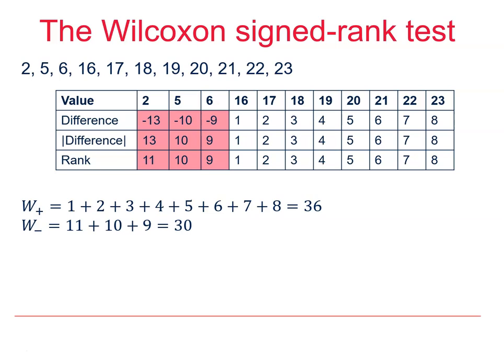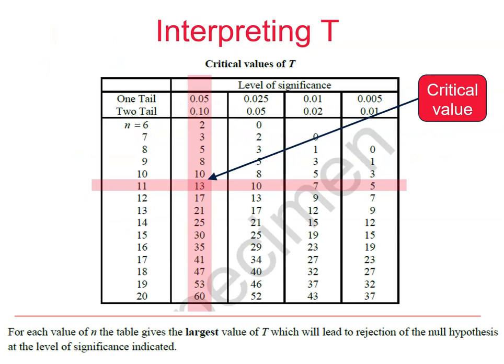Now check that W+ and W- add up to the sum of the ranks, which we know already is 66. The lower of the two values, noting that both numbers are positive, is our test statistic T. And we check it against the critical value, which of course is the same as before.